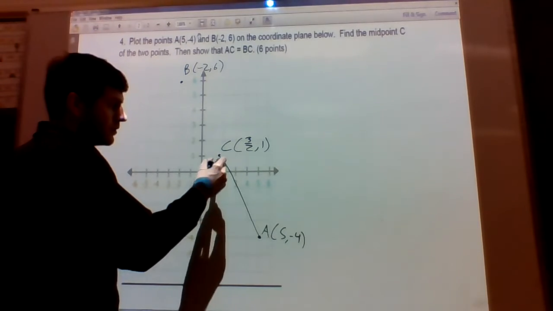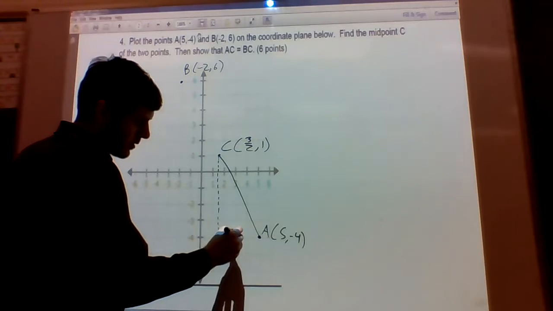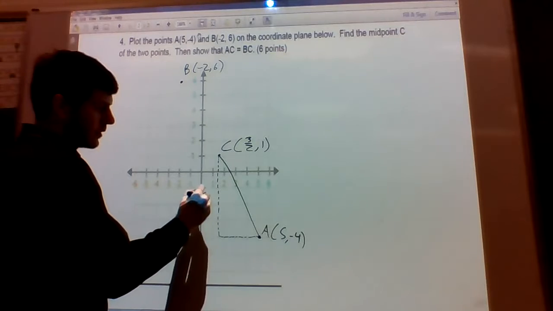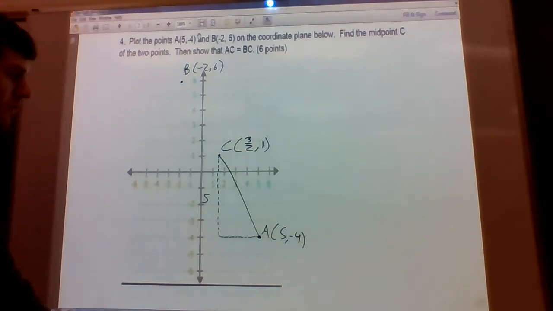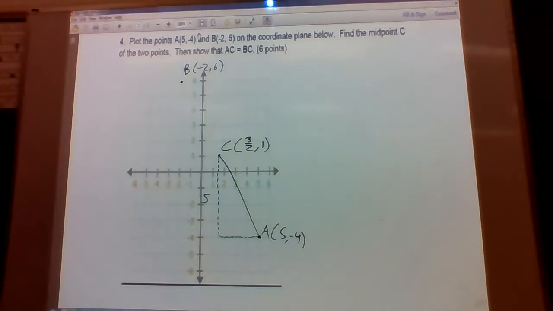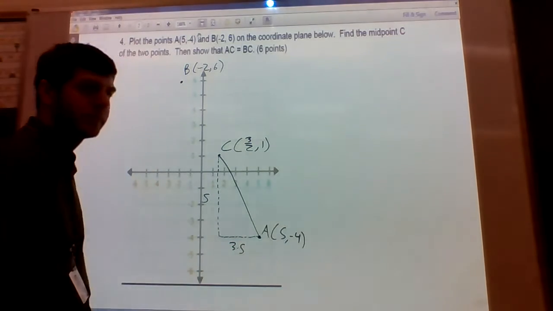Again, you could imagine a triangle. Okay. How far is it from 1 to -4? It's going to be 5 units. How far is it from 3.5 to 5? Right, that's going to be 3.5 units.